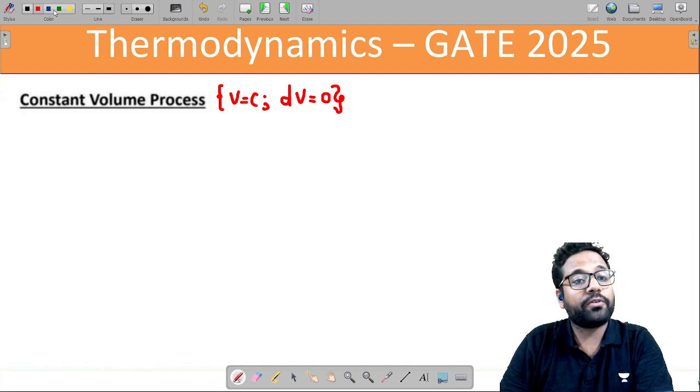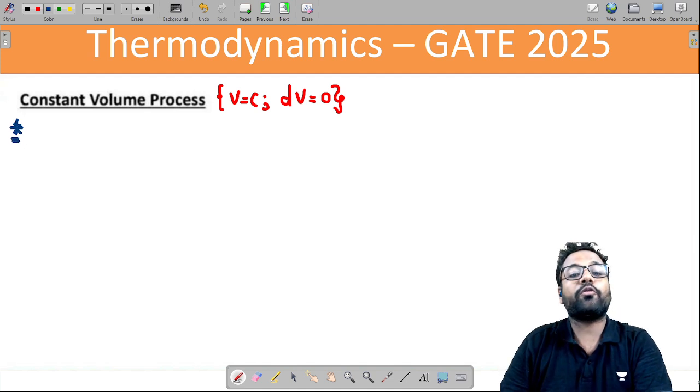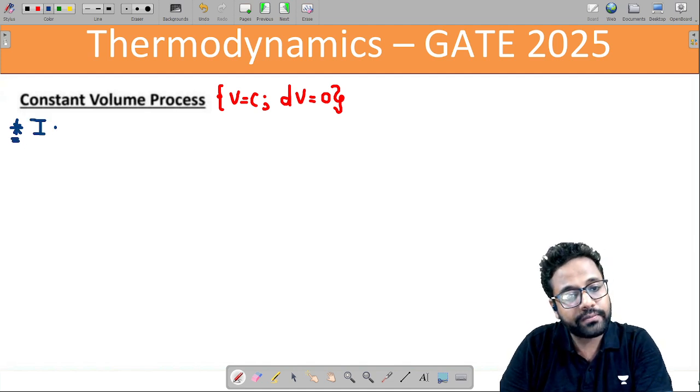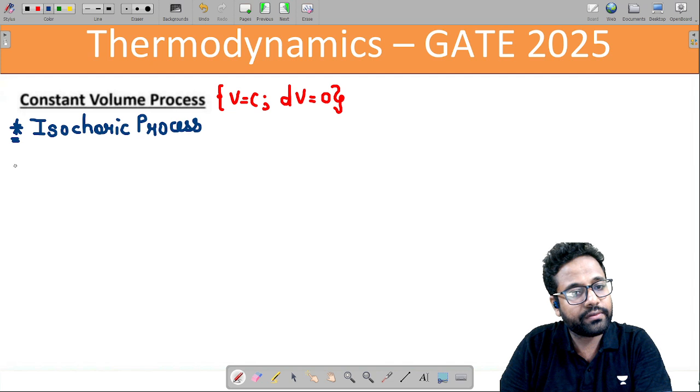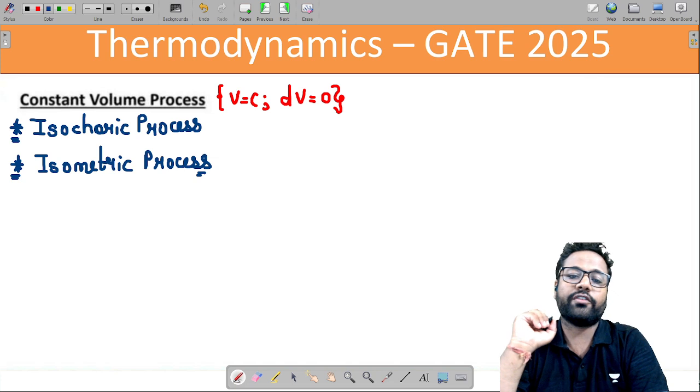And बच्चा, आप लोगों को इस प्रोसेस के दूसरे नाम भी याद रखना बहुत जरूरी, like the constant volume process is also known as the isochoric process or the isometric process.